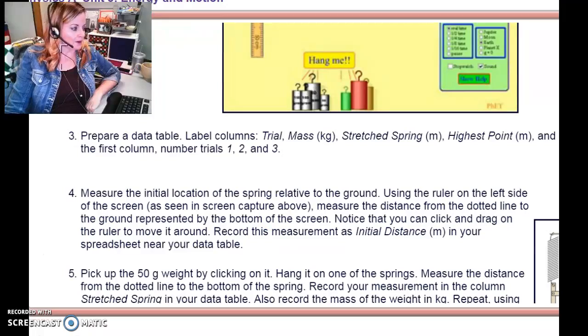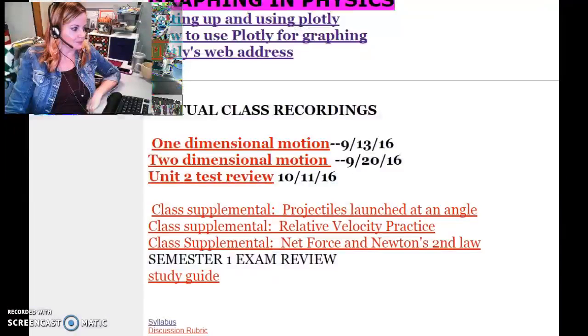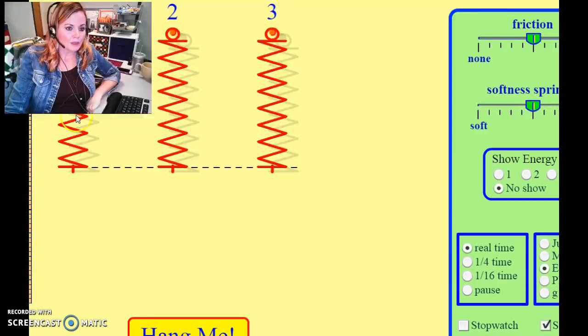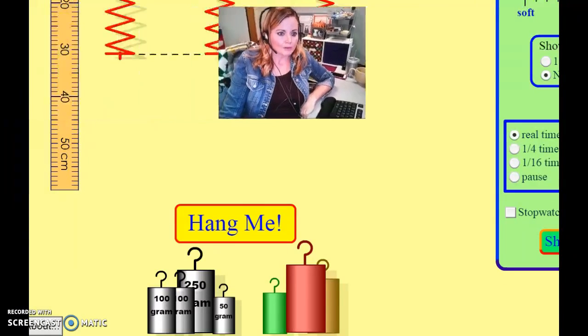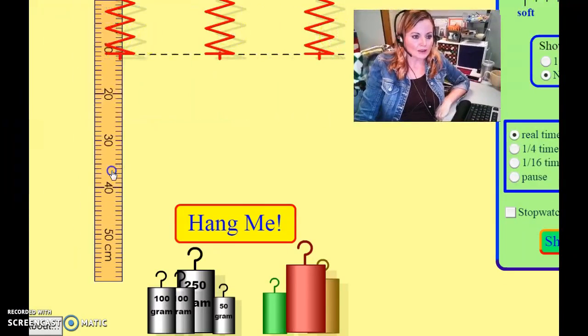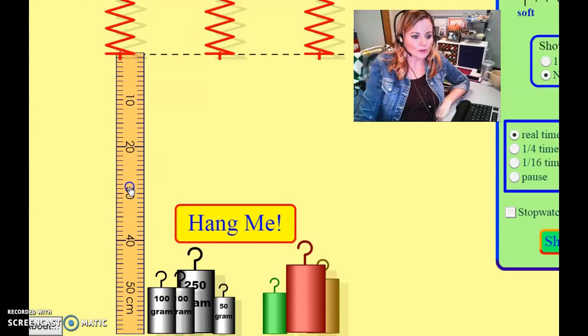So when you do this part, just measuring the initial position of the ruler, see that dotted line? You're going to measure the position of the dotted line to the ground. And you can assume that the weights are sitting on the ground.